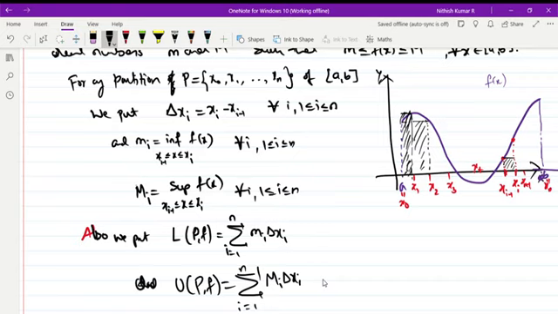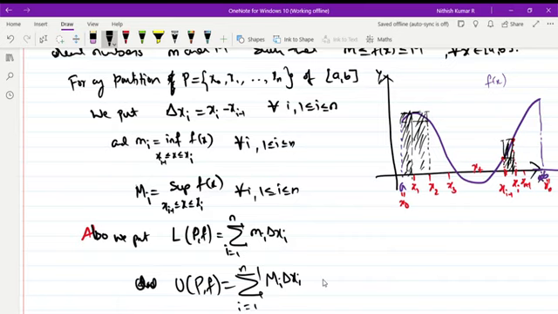Again you will get this entire area. So adding areas of these higher or larger rectangles, I will name it as UPF.